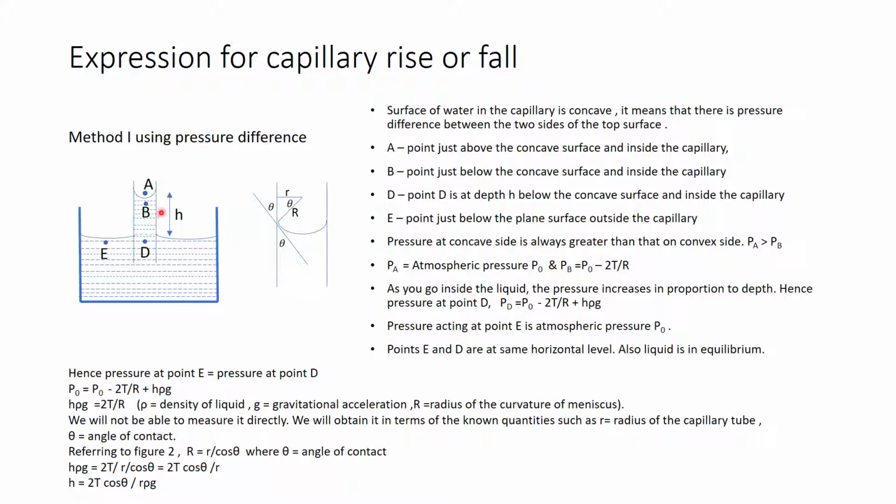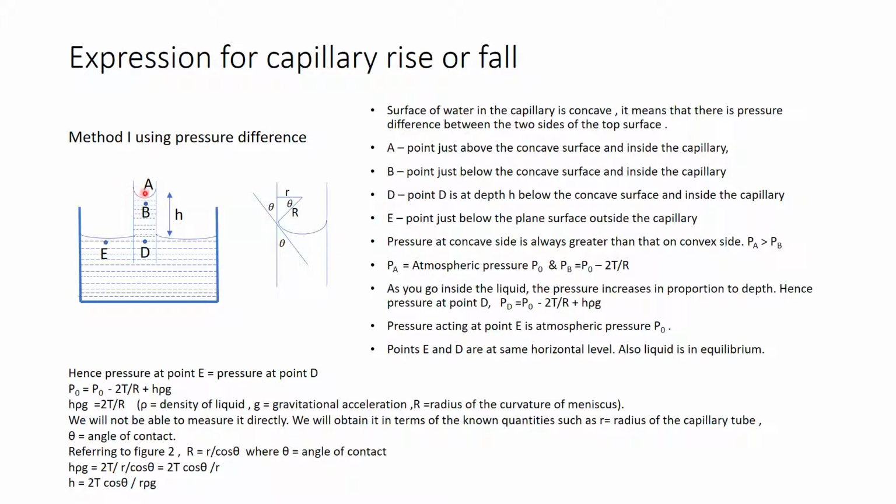Now, point A is on the concave side and point B is on the convex side. Therefore, the pressure at point A will be greater than the pressure at point B. We have seen many times that the pressure on the concave side is always greater than the pressure on the convex side.